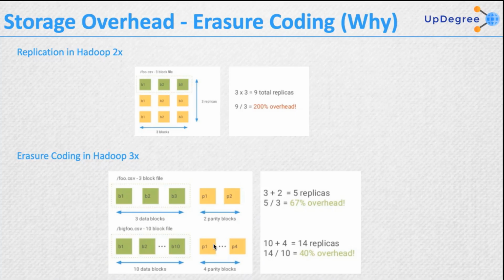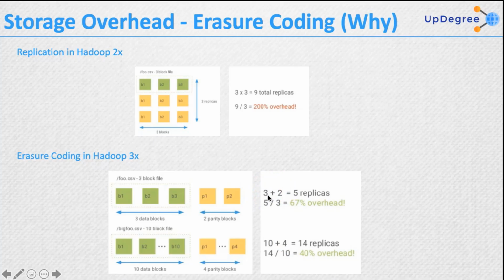There's a best practice, which is the Reed-Solomon theory, and Reed-Solomon suggests that we can use 3-2, which is 3 blocks with 2 parity cells, or another one which is 6-3, which means when you're using 6 blocks, you use 3 different parity cells, and when you're using 10, you can use 4 parity cells.